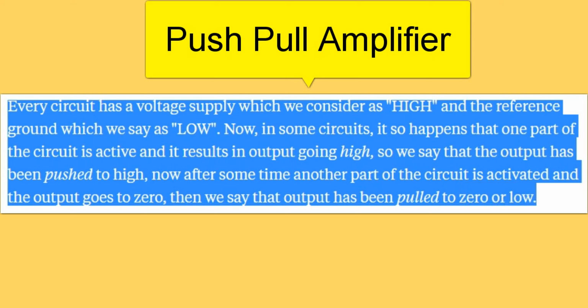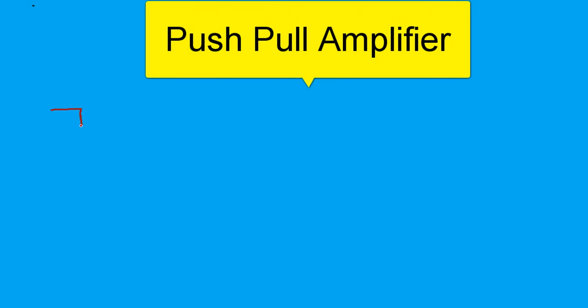Okay? Now this is the primary of the transformer, P1, P2. And there is an iron core, and the coil is wound over the iron. This one is the secondary.